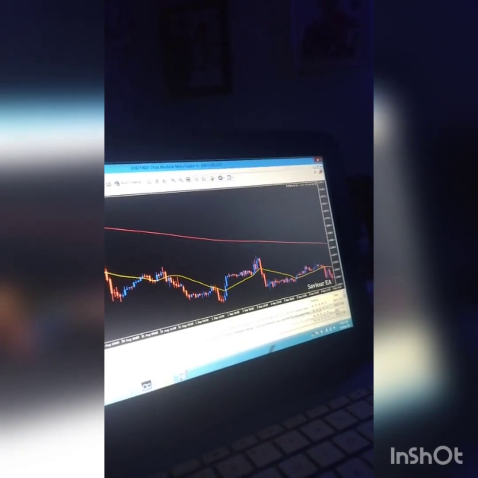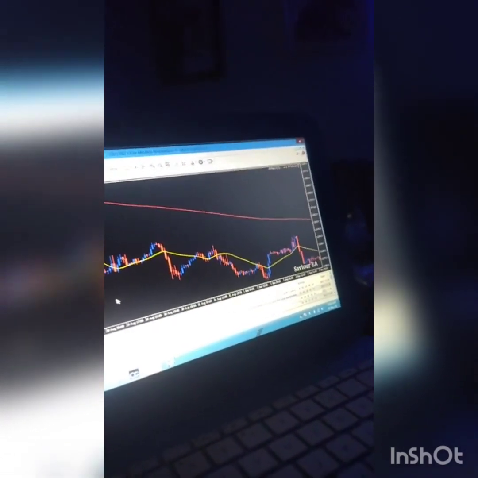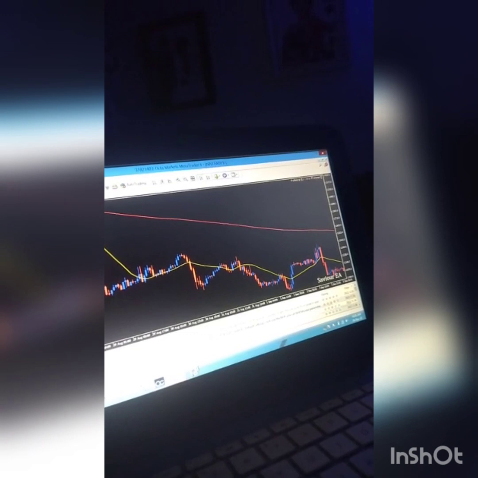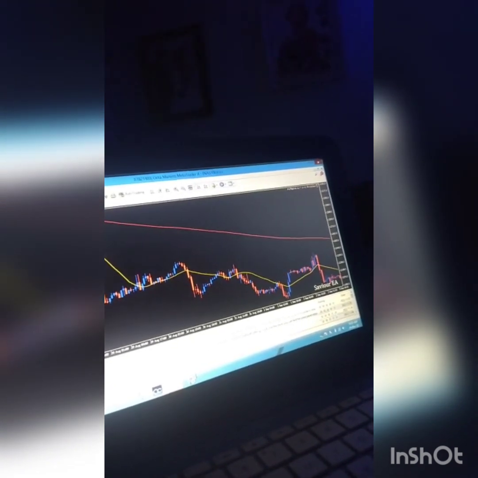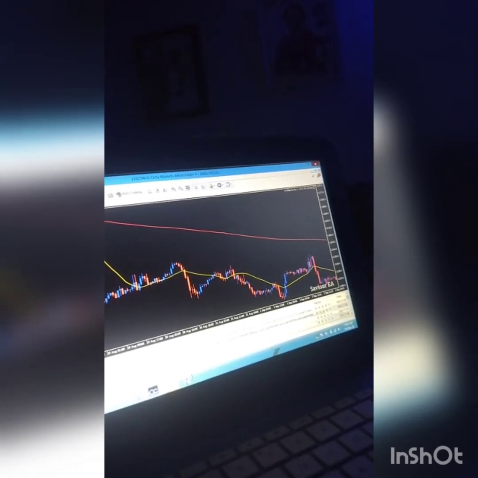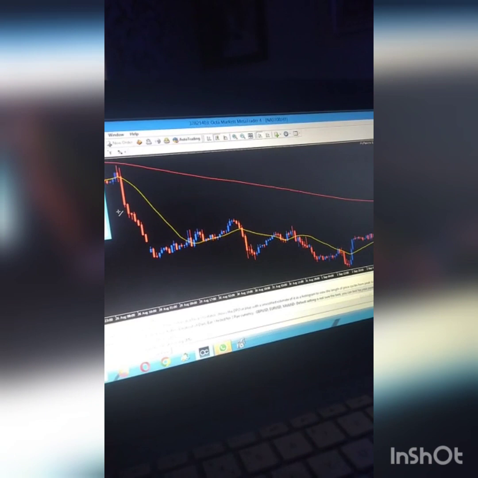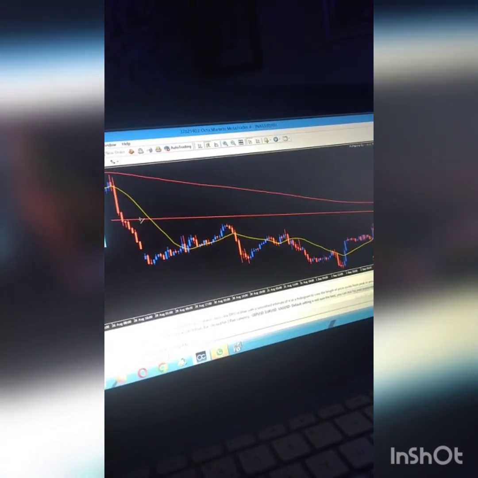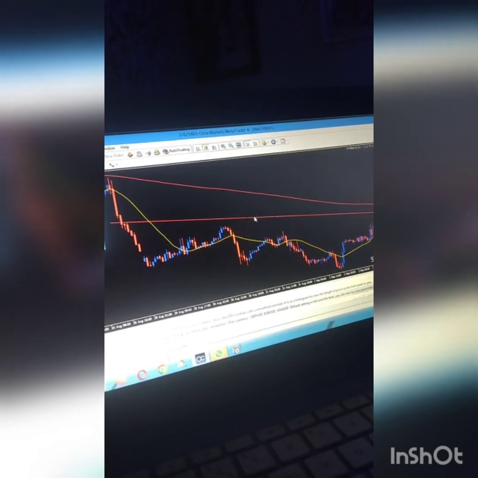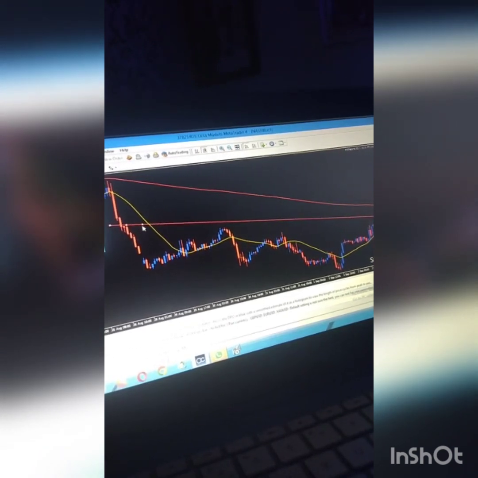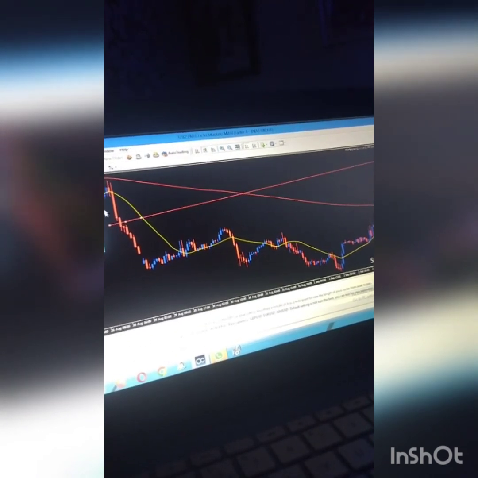Okay, another thing I want us to understand is when price drops like this, you can set your stop loss at 50%. 50% of this.